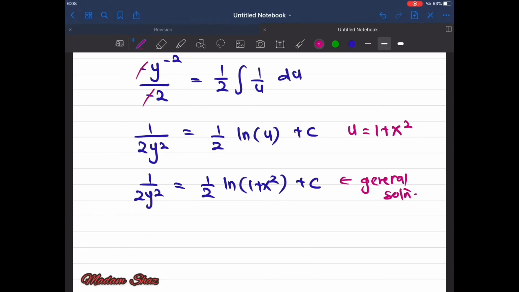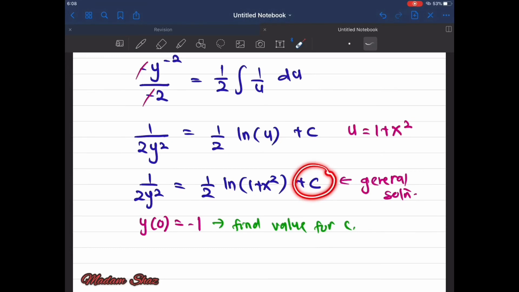So from the original question, you are given the condition y(0) is equal to negative 1. With this condition, you have to find what c is, the value of the constant c here.